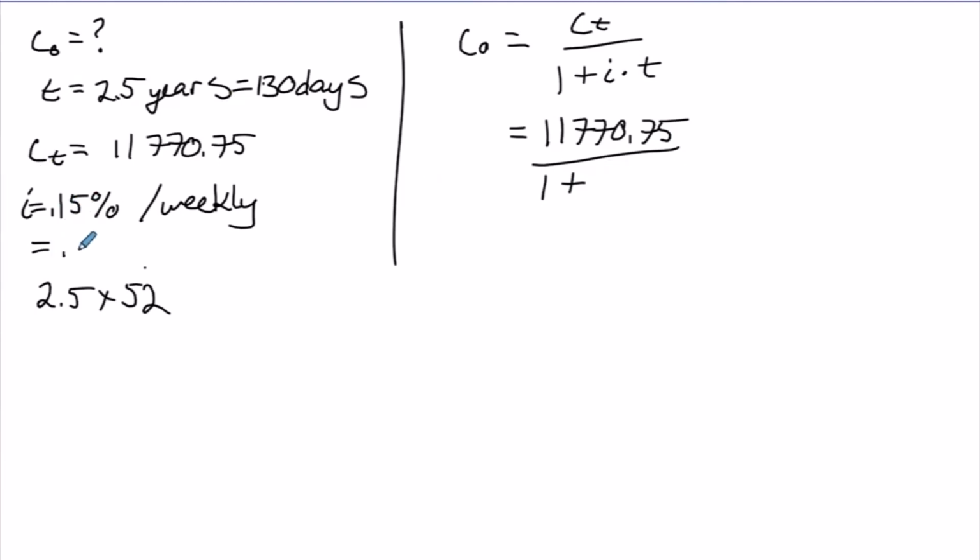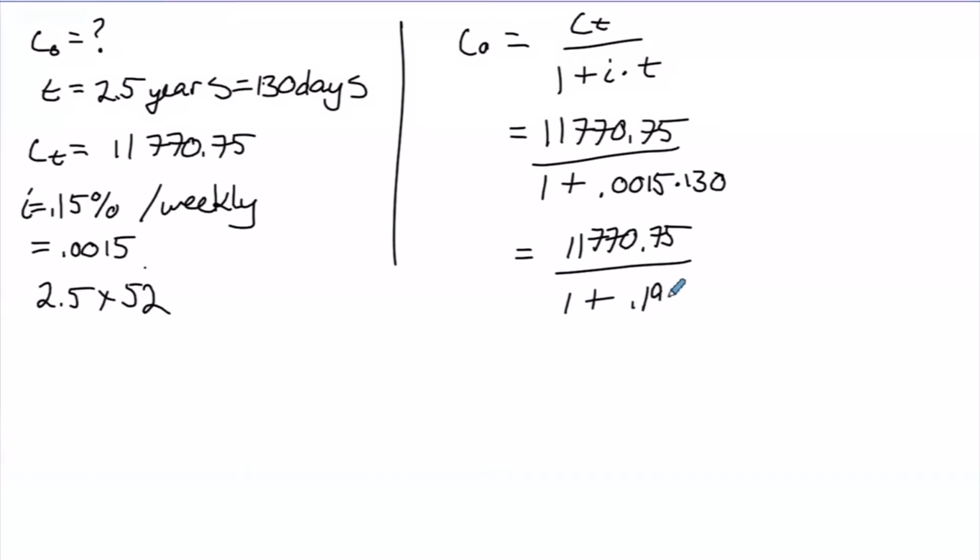We need to convert that to decimals, so we divide it by 100, we get 0.0015 times T, which is 130. So if we work this out, 11770.75 divided by 1 plus 0.195, we end up with $9,850. So the initial amount that was borrowed was $9,850.